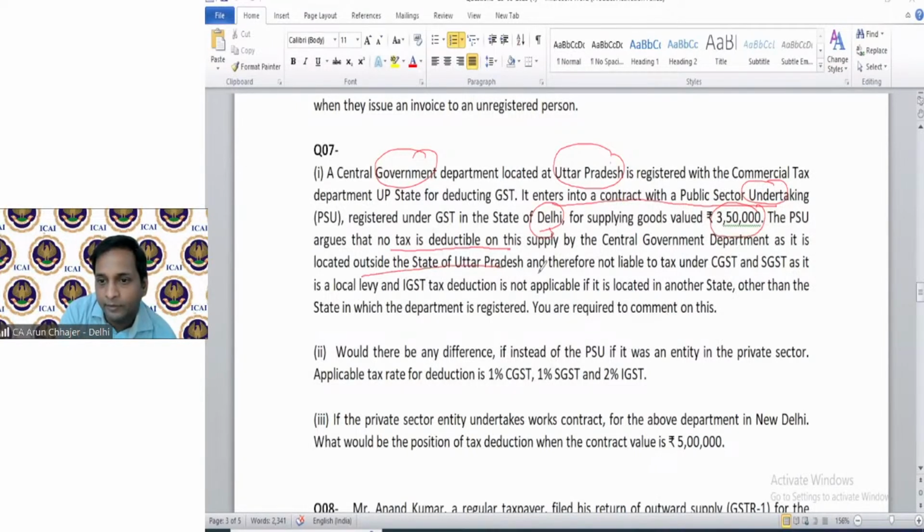So they are saying because we are registered at Delhi and the supplier is registered in Uttar Pradesh, it is not liable to tax under CGST and SGST because this transaction would attract IGST, and therefore the tax deduction at source is not applicable. Please give your comment.